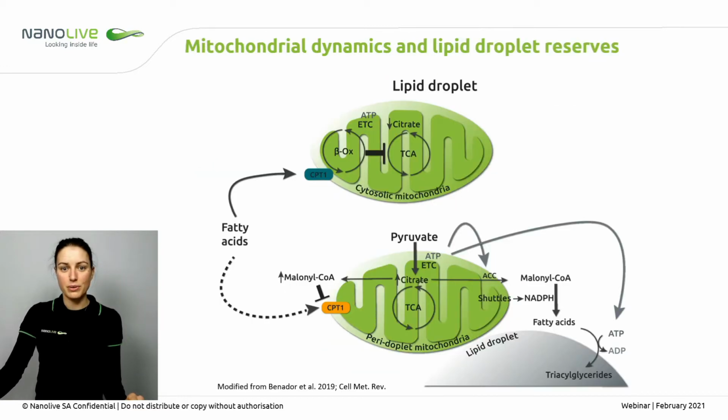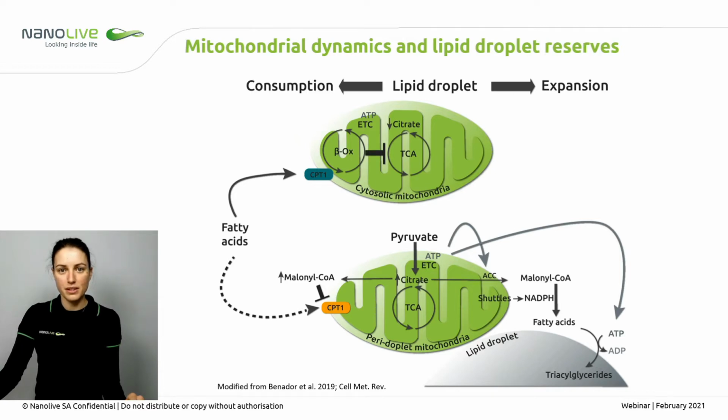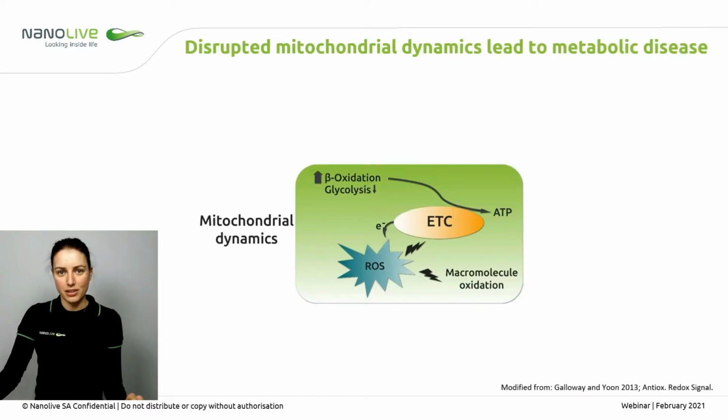The relationship between mitochondria and lipid droplets is particularly important as this forms the foundation of cell metabolism. Mitochondrial activity essentially controls whether lipid droplet reserves are expanded via lipogenesis and triglyceride synthesis or consumed via mitochondrial fat oxidation. Disruptions to mitochondrial dynamics therefore have serious health implications.